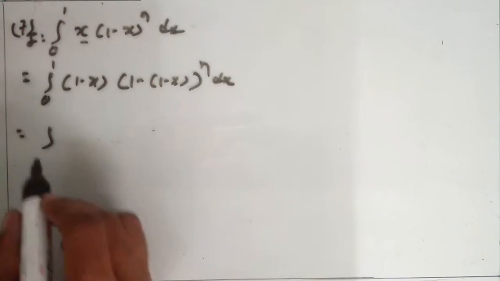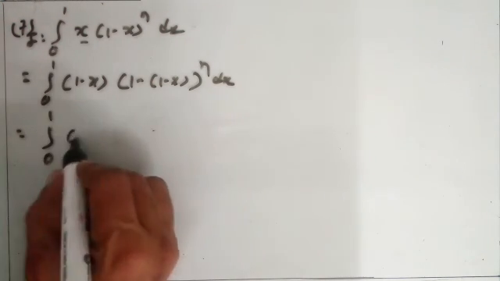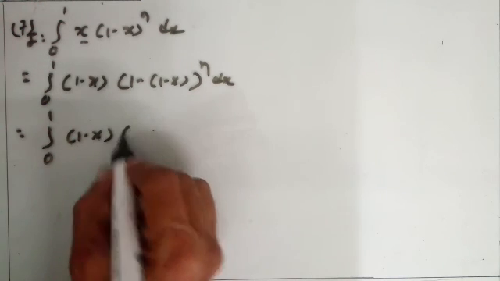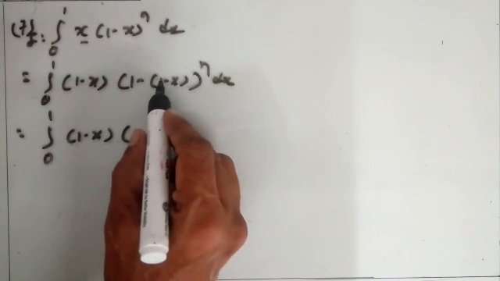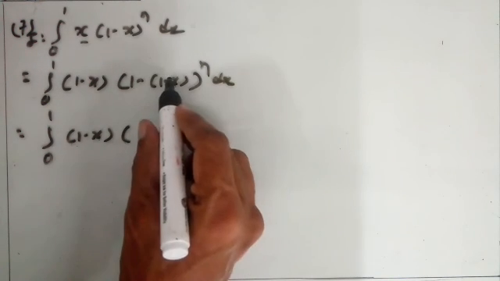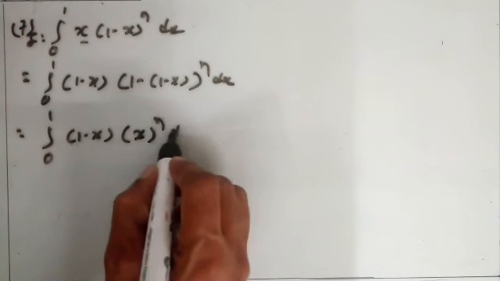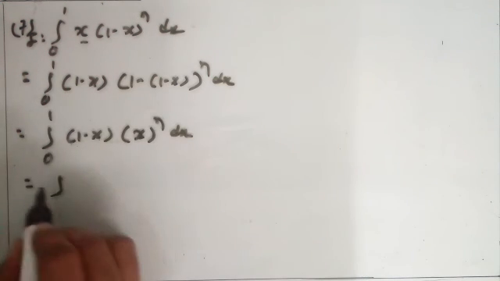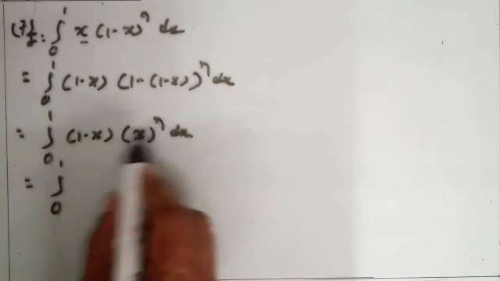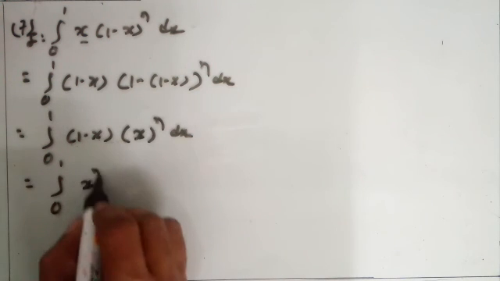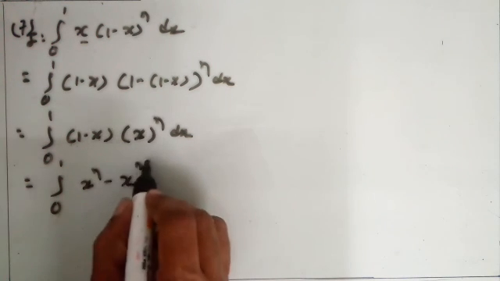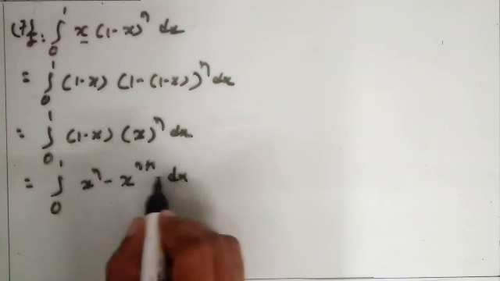So here we get integral 0 to 1 of 1 minus x into minus, take inside. So minus 1 plus 1 cancel. Minus x plus x becomes x raised to n dx. So it is equal to integral 0 to 1 of x raised to n, take inside, so x raised to n minus x raised to n plus 1 dx.